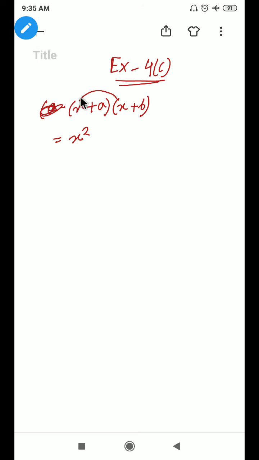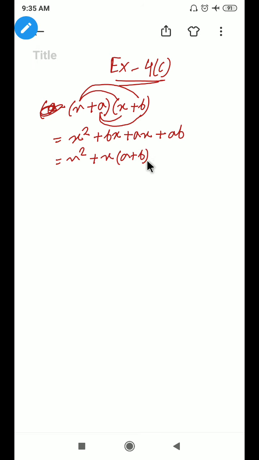Then multiply x into b, this will be bx. Then multiply a into x, this will be ax. Then multiply a into b, this will be ab. If you take x common from here, you will get a plus b, and ab is left. So this is our first formula.